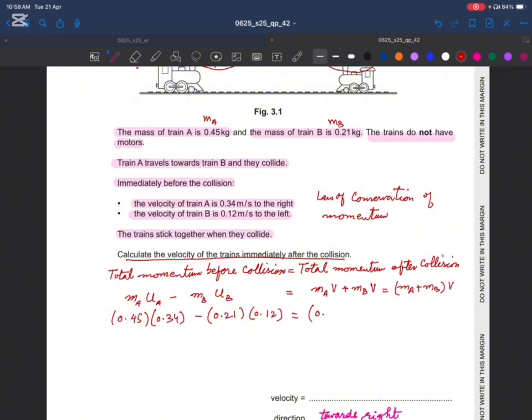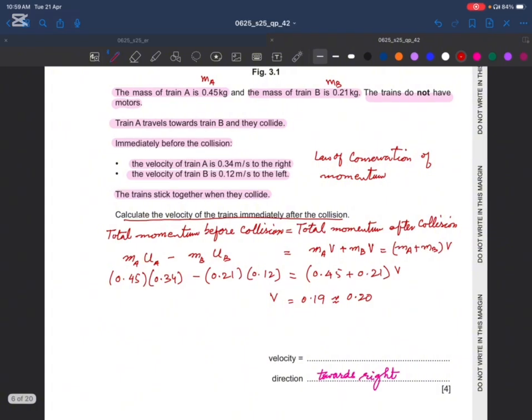So simply you can say that 0.45 plus 0.21 will give us the total mass of the system, and we want to calculate V. When you calculate V, you will get the answer, which is 0.19, or as I said, you can write 0.20 as well. So this is meter per second.